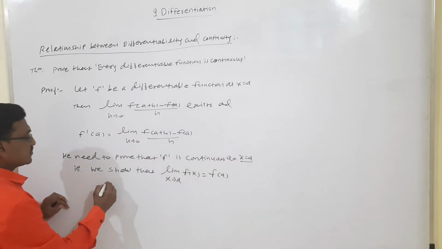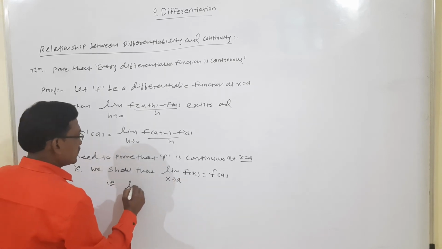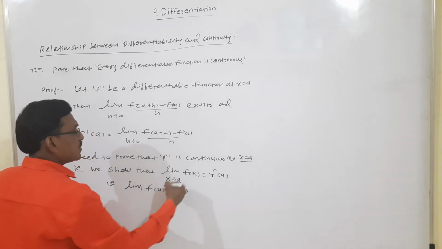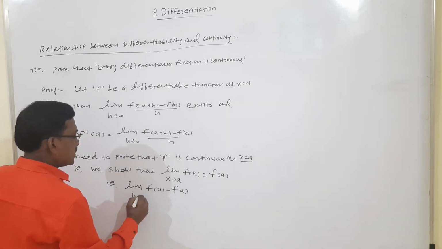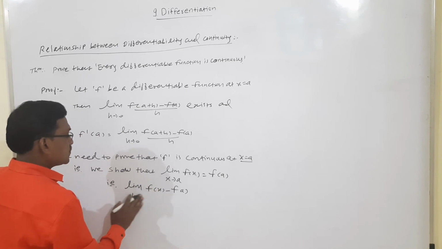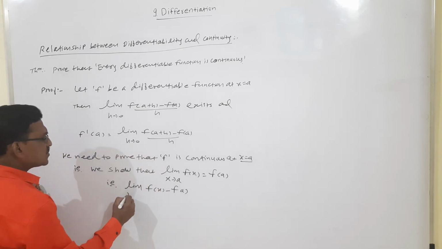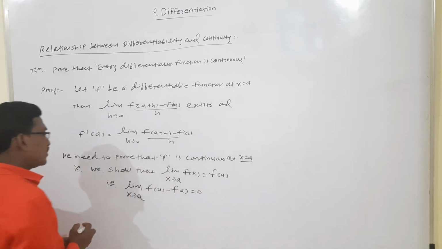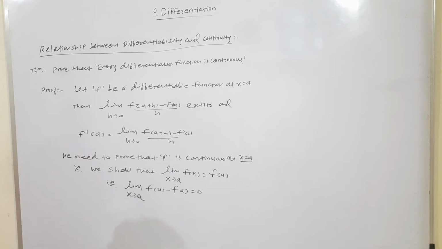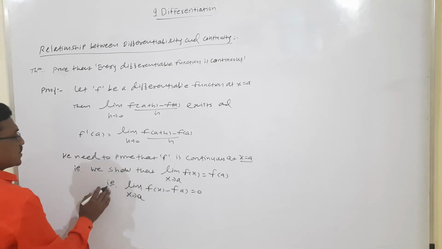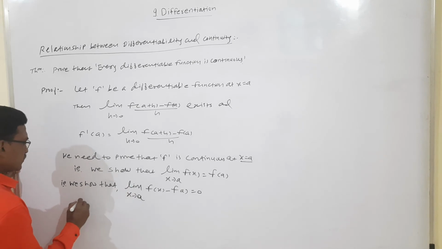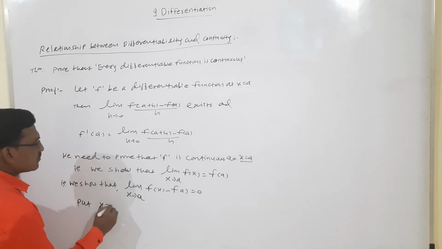So that is, the limit of f of x minus f of a as x tends to a is equal to 0. We have to show that. Now put x equal to a plus h.